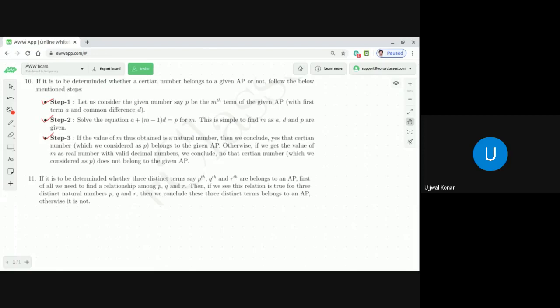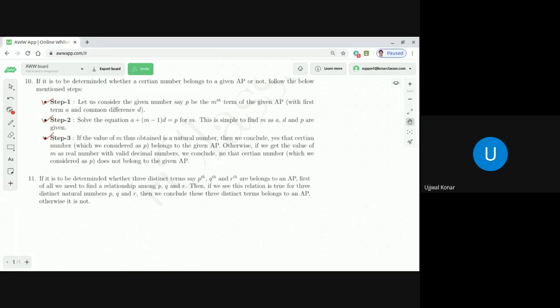Suppose it is given that the fifth term, 11th term and 27th term of an AP are given. Then you need to prove whether it is possible or not, whether these three numbers belong to an AP. Are you getting my point?